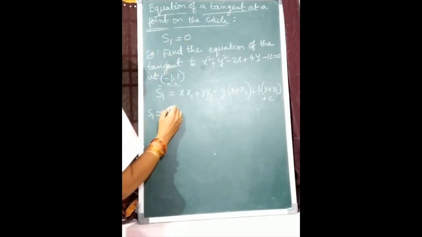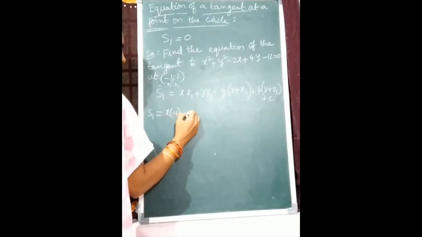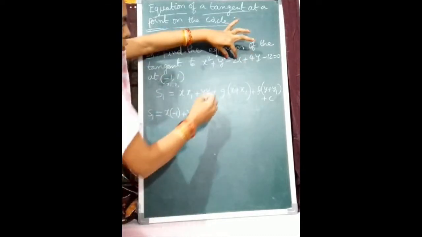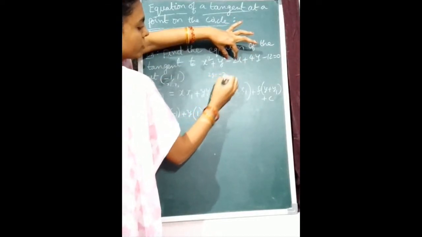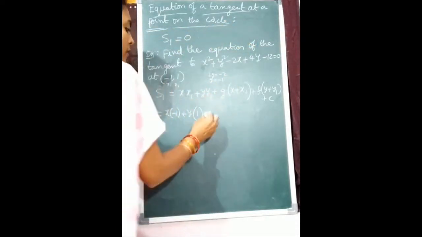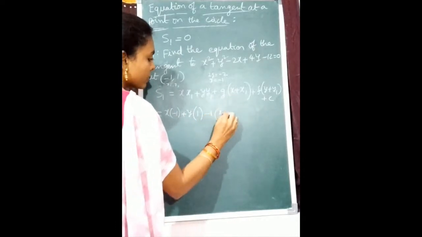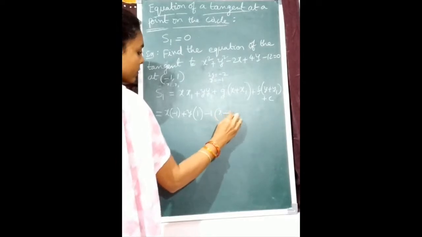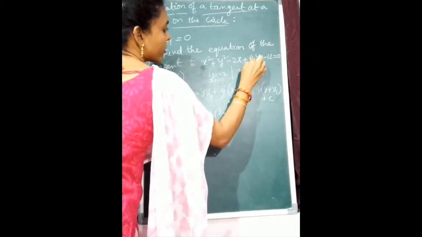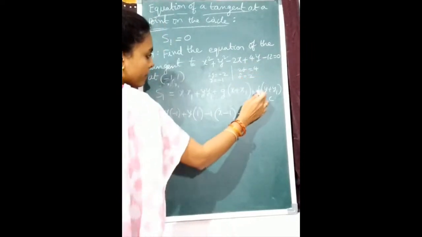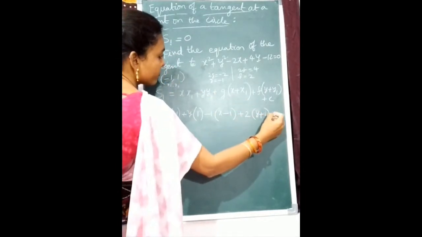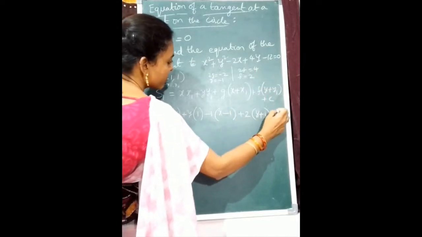S1 equal to x into x1 plus y into y1 plus g into x plus x1 plus f into y plus y1 plus c. Here 2g is equal to minus 2, so g is equal to minus 1. Minus 1 into x plus x1, plus f, where 2f is equal to plus 4, so f is equal to 2, into y plus y1, plus c, which is minus 12.